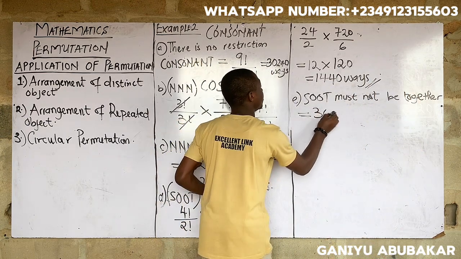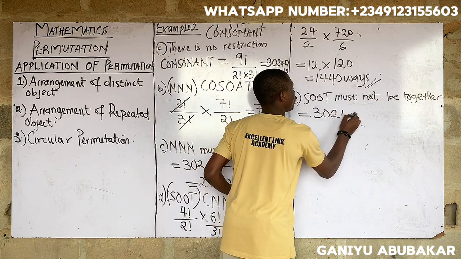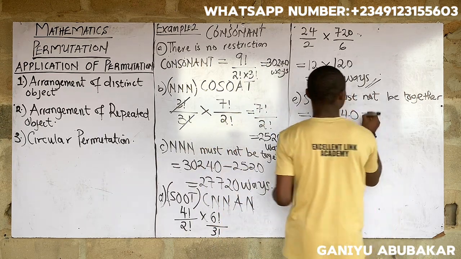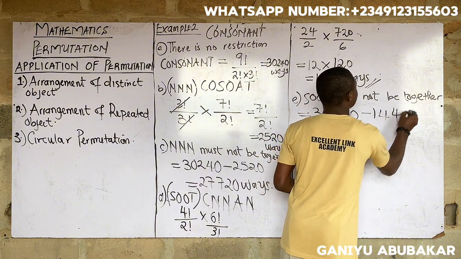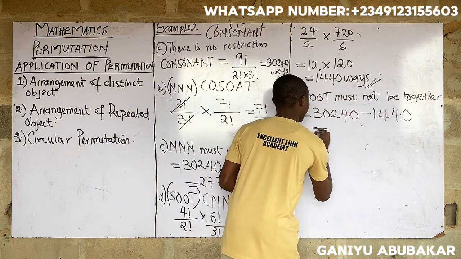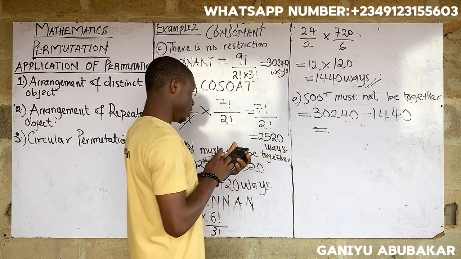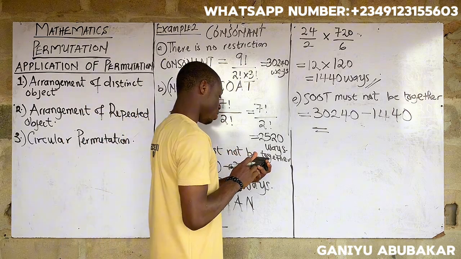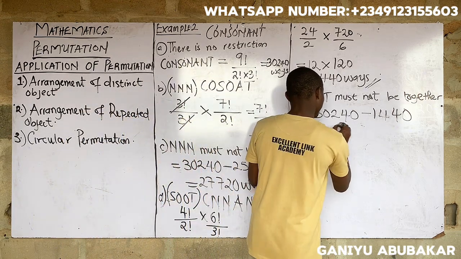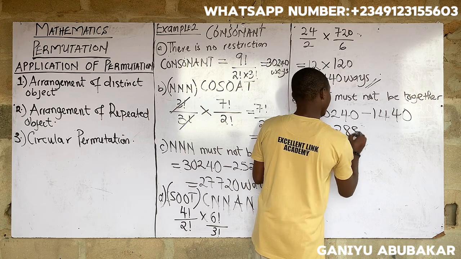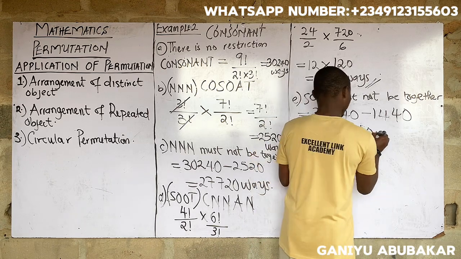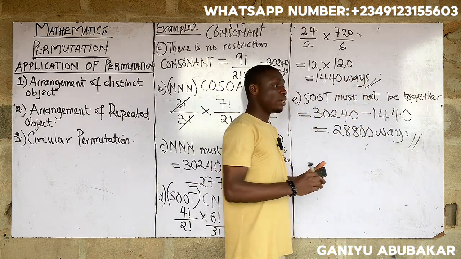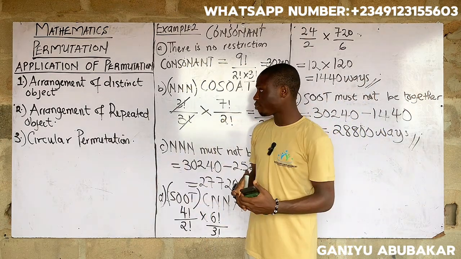That's 30240 minus the value you had here, that was about 1440. So what I get here, that's 30240 minus that value there. I have 28800 ways. So this becomes your answer to that particular question.